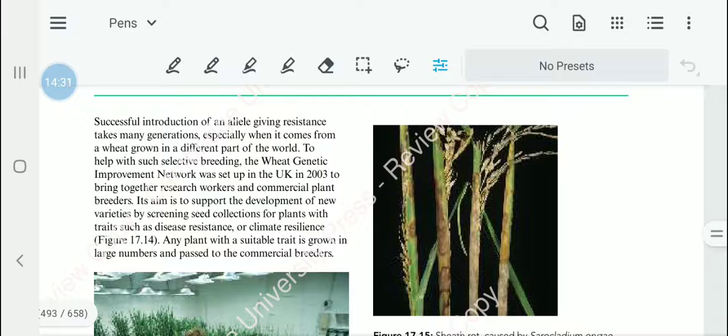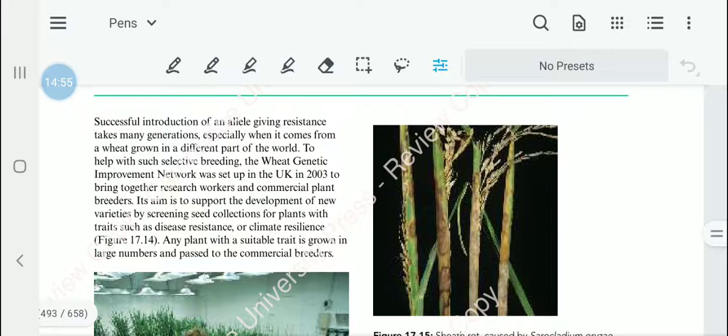In 2003 in the United Kingdom, they developed a network called the Wheat Genetic Improvement Network. They bring together research workers and commercial plant breeders, and they share their information and the new varieties that they have developed.